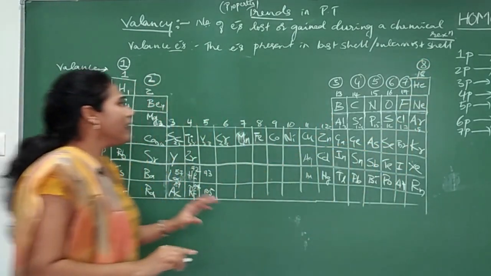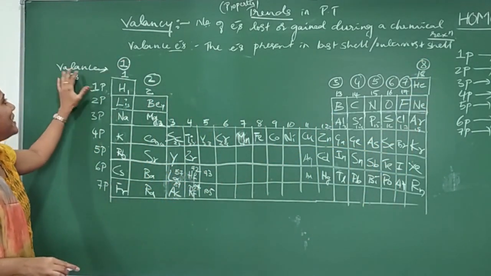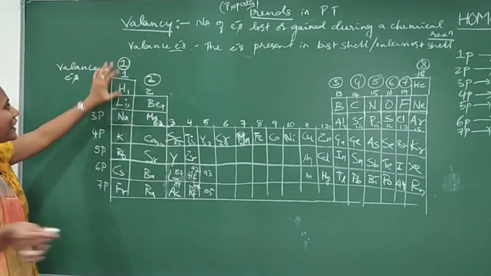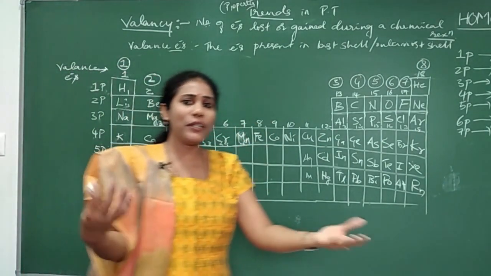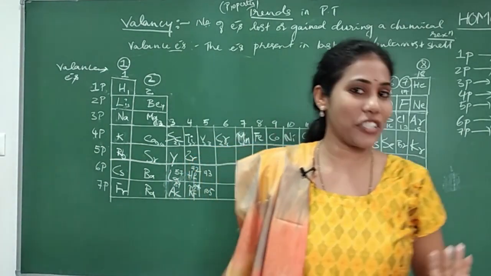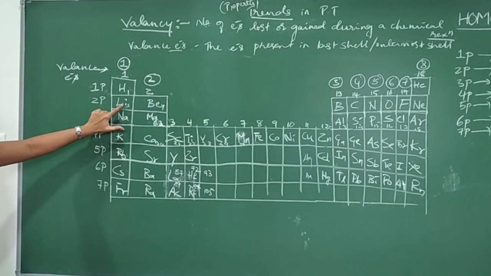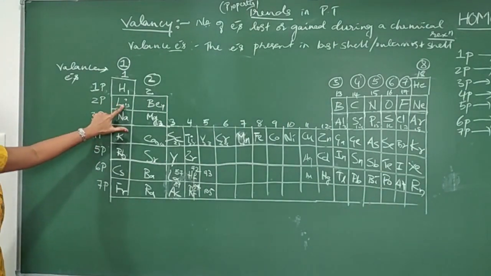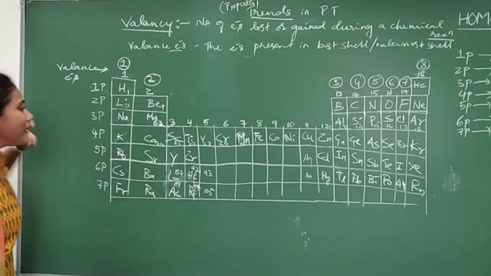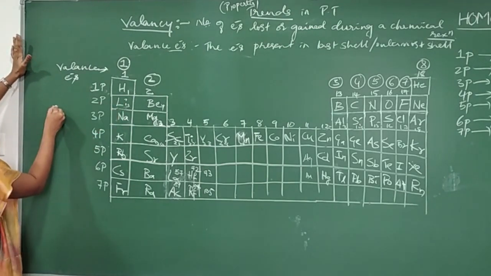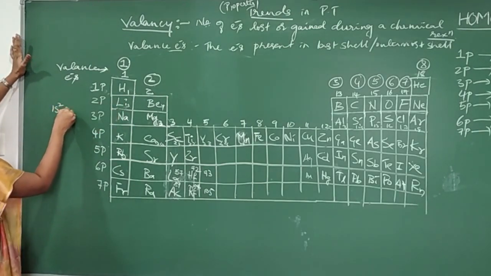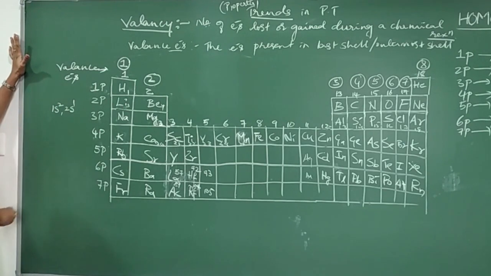How do you know how many valence electrons there are? You can write the electronic configuration and check. Let me write the electronic configuration of lithium, atomic number 3. It is 1s2, 2s1.